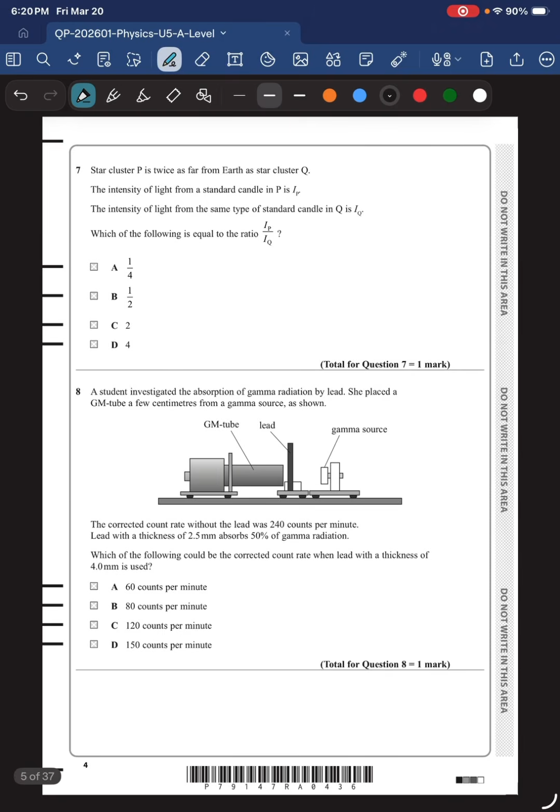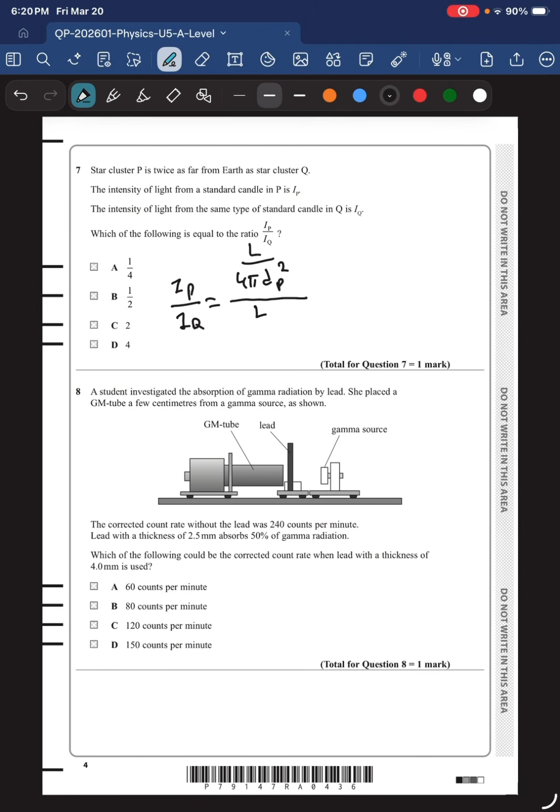Okay. Question 7 now. Star cluster P is twice as far from Earth as cluster Q. The intensity of light from a standard candle in P is IP. The intensity of light from the same type of standard candle in Q is IQ. Which of the following is equal to the ratio IP over IQ? So let's write it here. IP will be the luminosity over 4 pi, and then the distance from P squared.